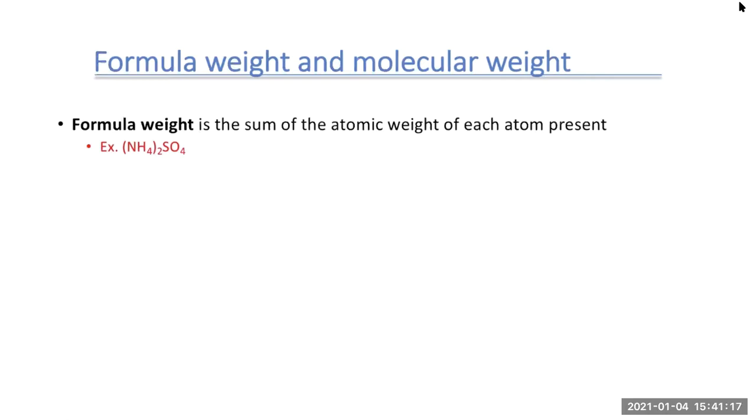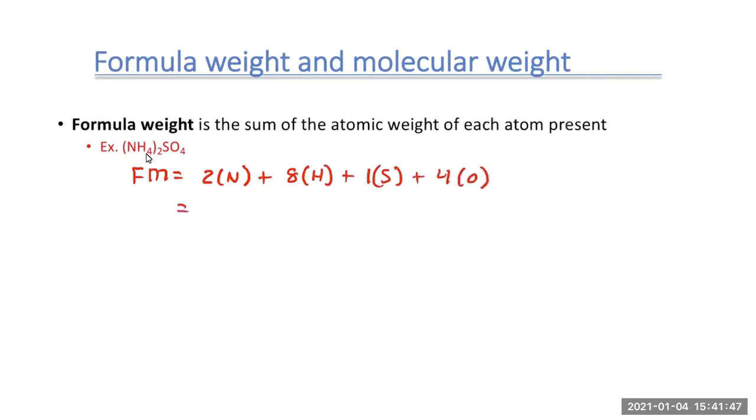So if we were to write that out for our formula mass or formula weight, it would equal 2 times my atomic mass of nitrogen, plus 8, the 2 times 4, for my atomic mass of hydrogen, plus 1 sulfur, plus 4 oxygens.